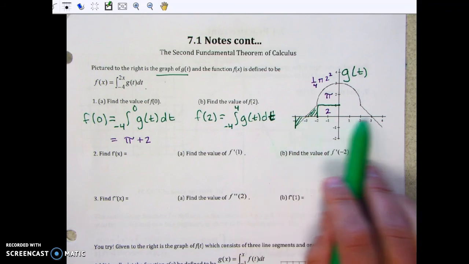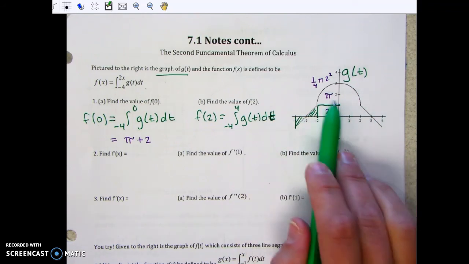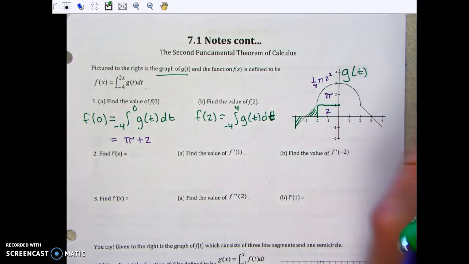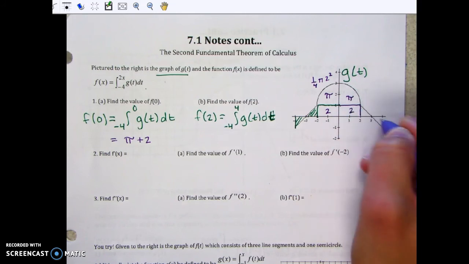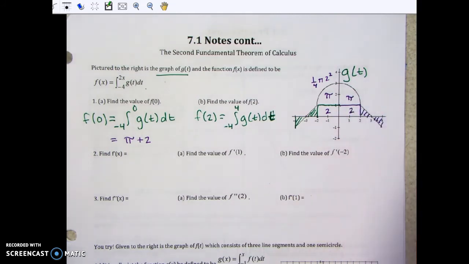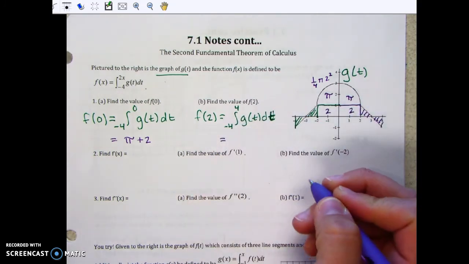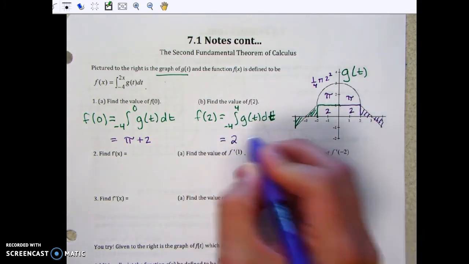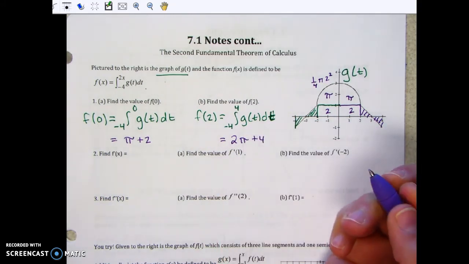So from -4 to +4, what's that going to be? Well, we know that this is pi over 2, so this is also pi, and this is also 2, and then these cancel out. So what do we have there? How many pi's do you see? 2 pi's? 2 pi plus 2 plus 2, 4, and that's that.